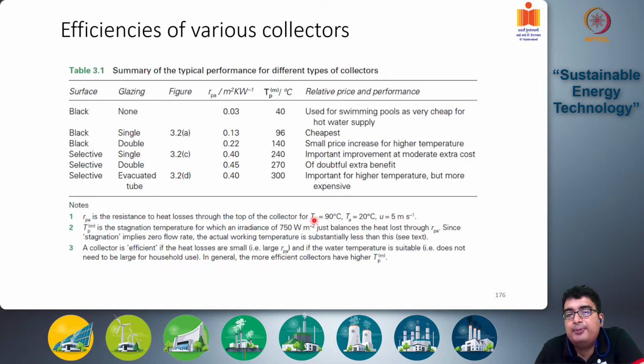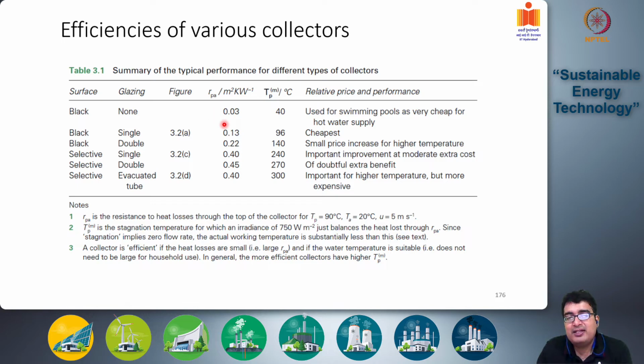So the standard condition is the plate temperature is 90 degrees centigrade, ambient temperature is 20 degrees centigrade, and the flow rate of wind, I think this is the wind flow rate, it may be the water flow rate also, it's not very necessary, is 5 meters per second because there are convection losses as well, correct? So a typical wind flow rate also has to be given. So this is a standard set of conditions for which all these resistivities are evaluated, and resistivity is given in meter square per kilowatt.